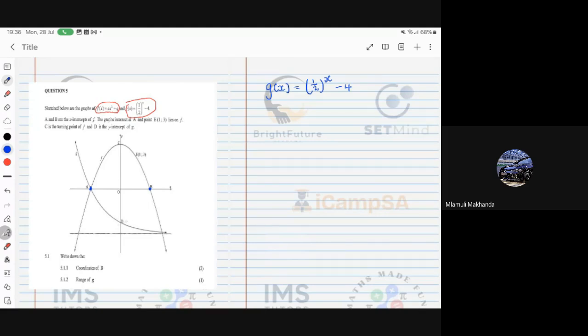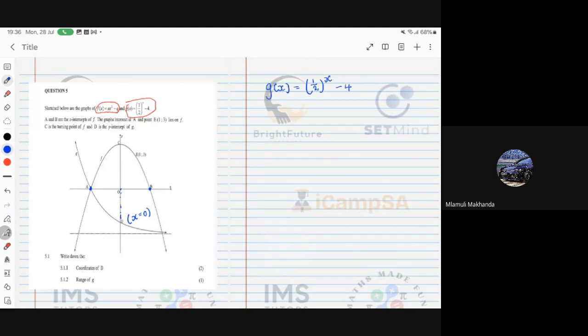So that means x automatically is equal to 0 here, because for the y-intercept, x is equal to 0. Remember, I told you that. And for the x-intercept, y is equal to 0. So we already have the first value for the coordinates of d, because here x is equal to 0.